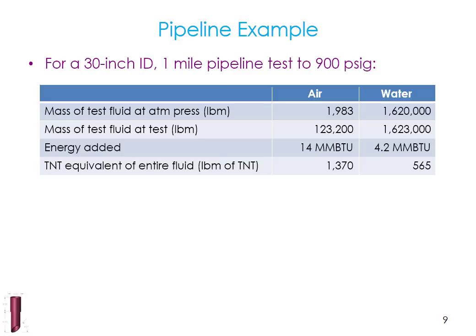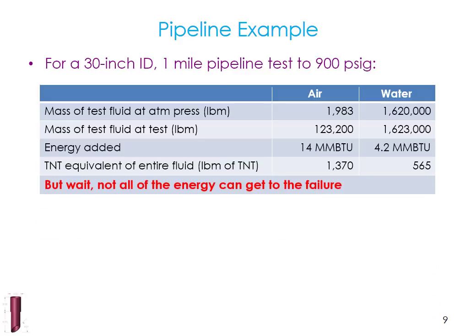So the TNT equivalent of the entire fluid, 1,300 pounds of TNT for the air test. That's a scary number. 565 pounds of TNT for the water test. Still a pretty big number.